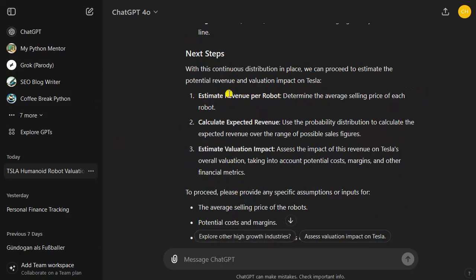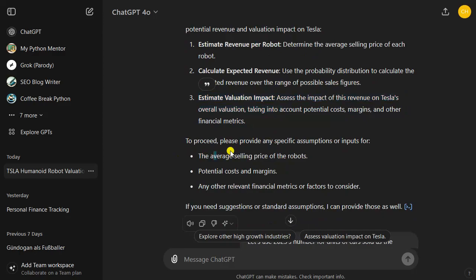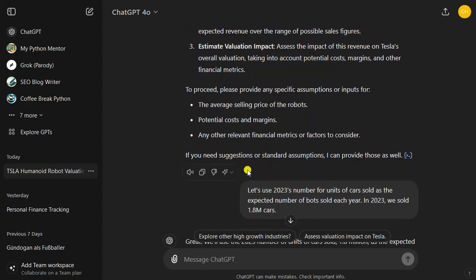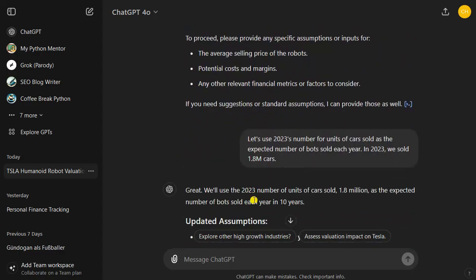And now we simply need to estimate the revenue per robot, calculate the expected revenue, the average selling price of the robots, the cost and the margin, and figure out how much money Tesla could make in 10 years based on bots, adjusted for probabilities. So we don't need to do any further hedging of these numbers, because they are already hedged in the probability assumptions.